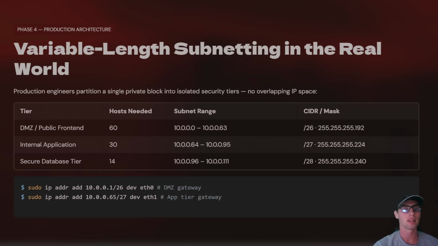Enforcing these explicit CIDR structures directly at our routing interfaces locks down our broadcast domains, optimizes routing tables, and creates strict architectural checkpoints where firewalls can intercept lateral attacks before they reach our core data pools.